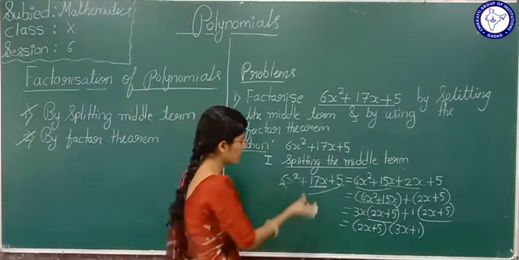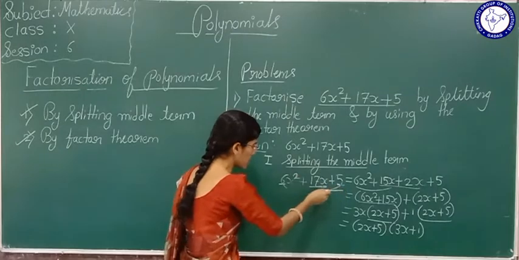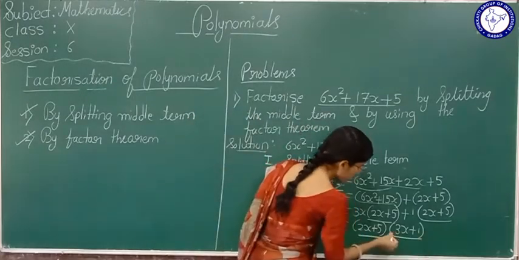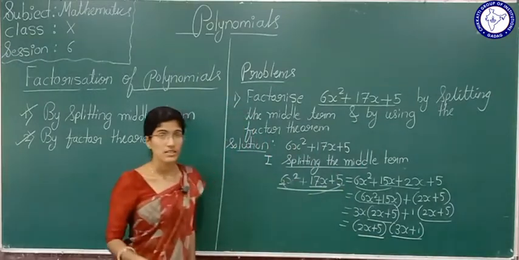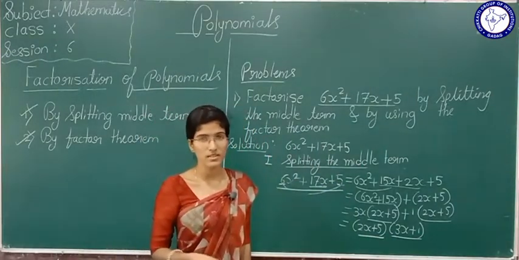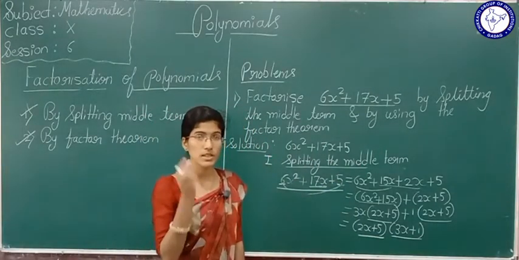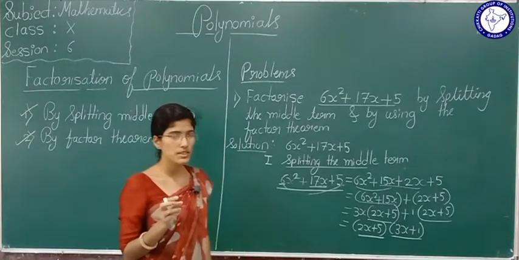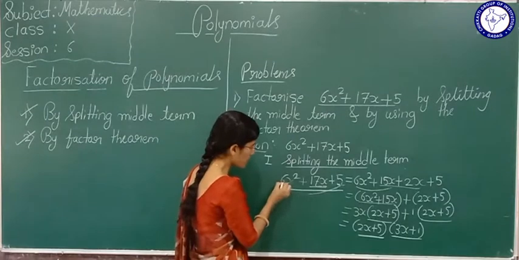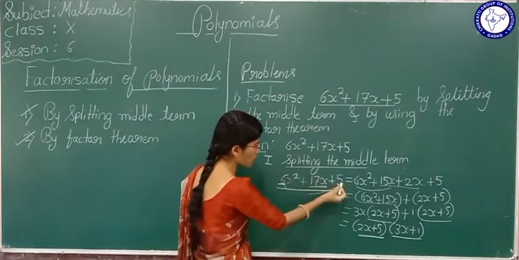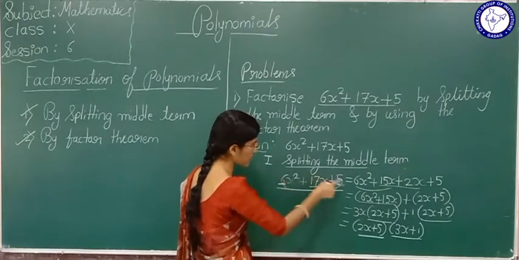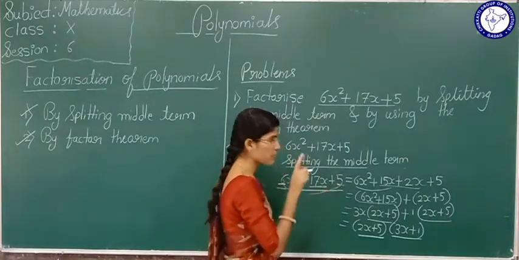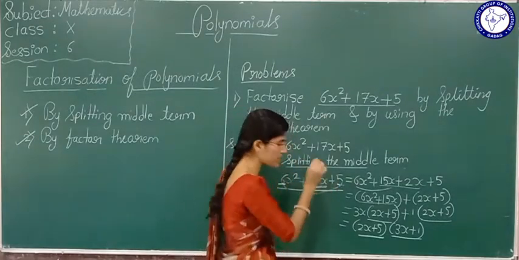Now see here, we have written the given polynomial as the product of its factors. Yes or no? This is nothing but factorization. Understood, by splitting the middle term? What we have to do is multiply the first coefficient and the constant term. 6 fives are 30. If you multiply, 30 should come. If you add or subtract, plus 17 should come.